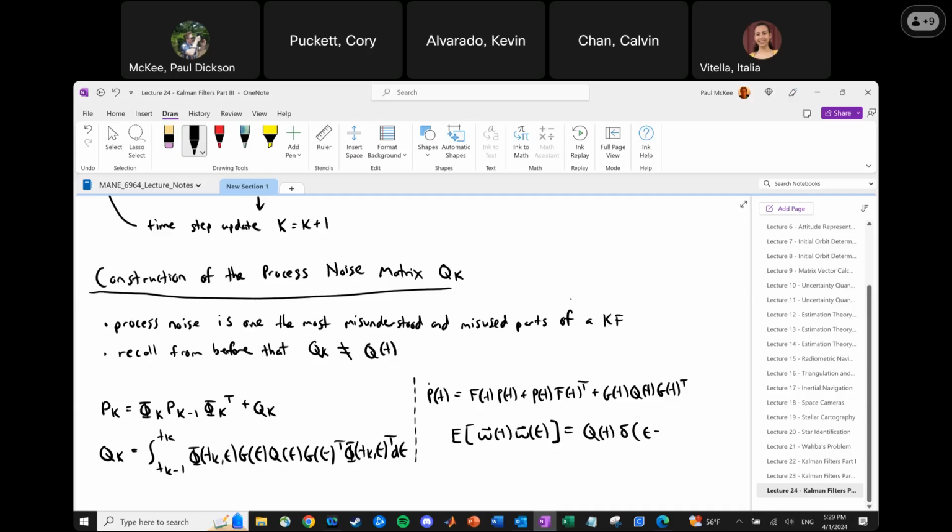Or actually, I believe I had it as t minus epsilon, but it's the same thing. This is to say that the process noise is completely uncorrelated with itself if there's any change in time. So 1 nanosecond later, you've got completely white noise that has nothing to do with what it was 1 nanosecond ago. However, if you're looking at just the time and itself, it has some process noise covariance matrix, which is Q(t). But then there's also the process noise matrix Q_k, which has Q(epsilon) in it.